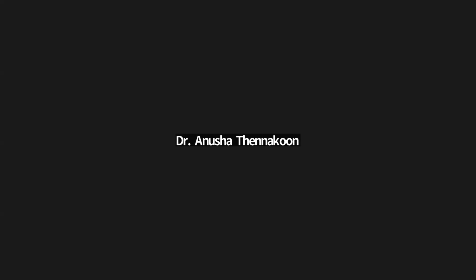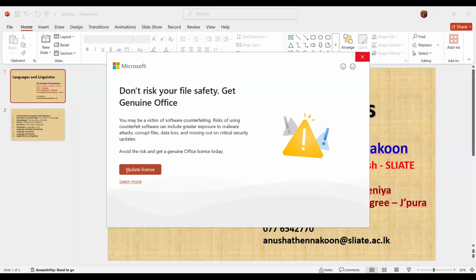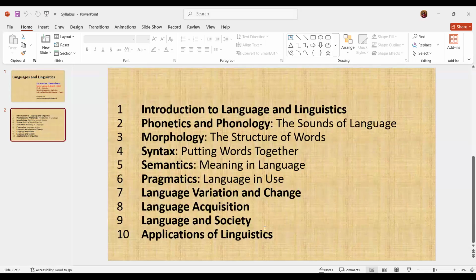Okay, this is the syllabus outline. Altogether, there are 10 topics. So just remind me, out of these 10 topics, what have we completed up to now, for 2 days?